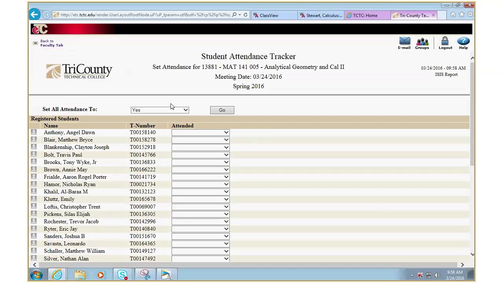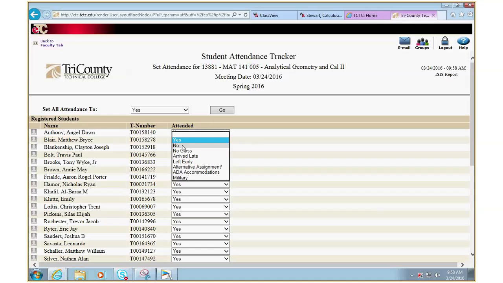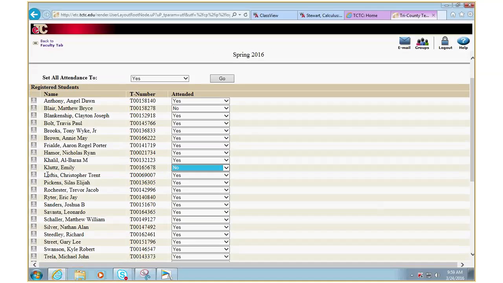All right, who's here? Anthony's here. Blair, I didn't see Blair again. I think he's on a 3-day drunk. He's in the ditch somewhere. Blankenship's here. Bolt is here. Brooks is here. Brown is here. Prialdi is here. Hammer's here. Khalil is here. Klutz, didn't see Miss Klutz this morning. Loftus, here. Pickens.